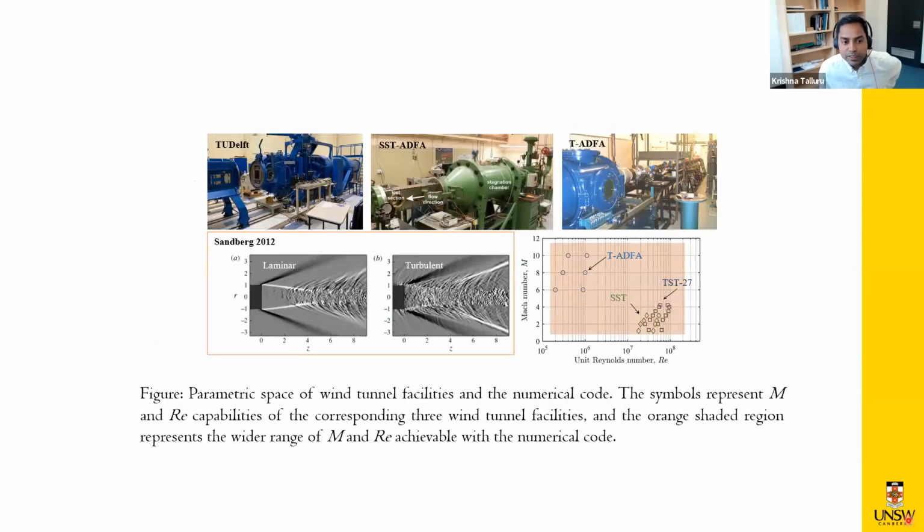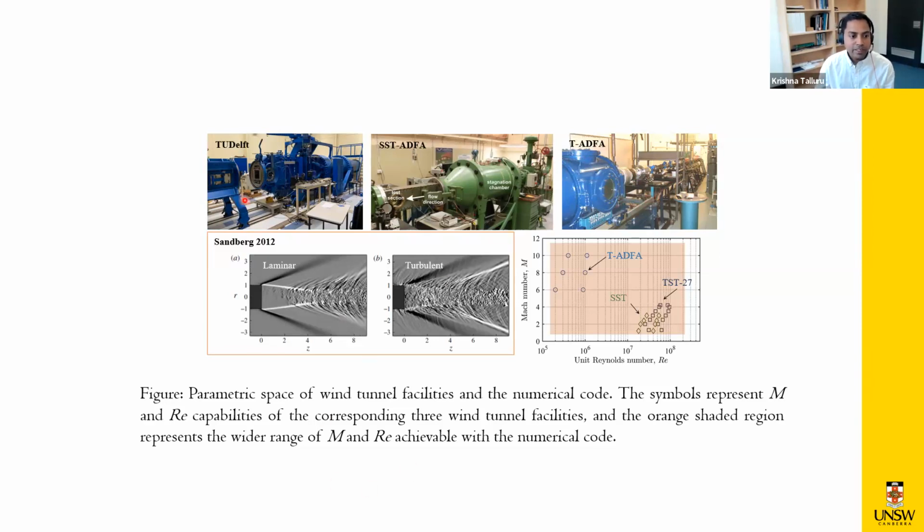So our plan is, we have experimental facilities here in Canberra. The middle one is a supersonic wind tunnel that can go between Mach 2 and Mach 3.4. We also have a shock tube we call T-ADFA, and it can do hypersonic flows between Mach 6 and Mach 10.